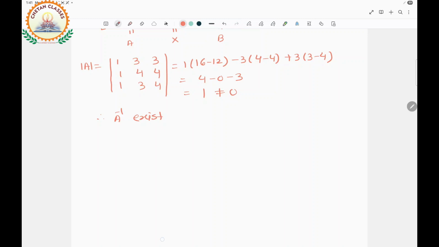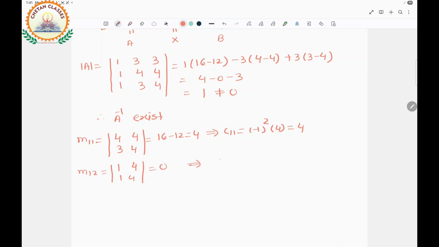So 3 cross 3 matrix, so 9 cofactors, 9 minors. So M11 is equal to determinant of 4, 4, 3, 4 is equal to 16 minus 12 is equal to 4. So C11 is equal to minus 1 square into 4, which is equal to 4. M12 is determinant of 1, 4, 1, 4.